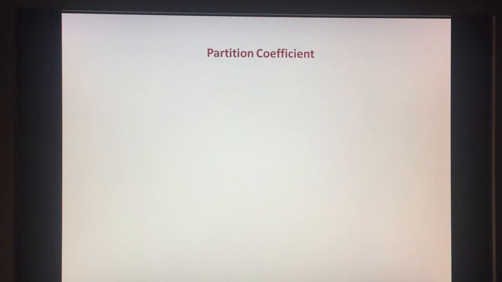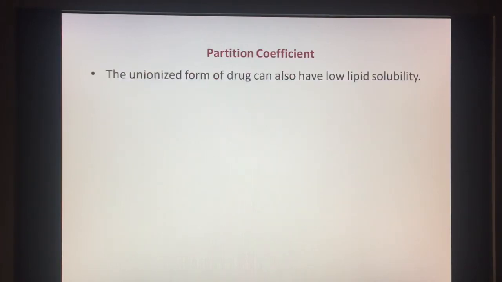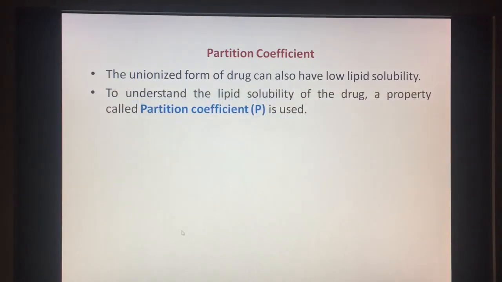However, it may happen that the unionized form of a drug can also have low lipid solubility. So, to understand the lipid solubility of a drug, a property called partition coefficient is used.